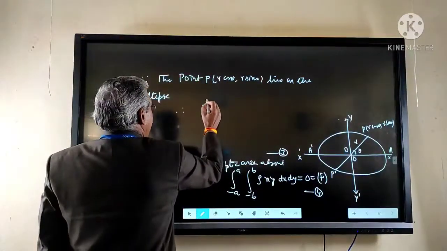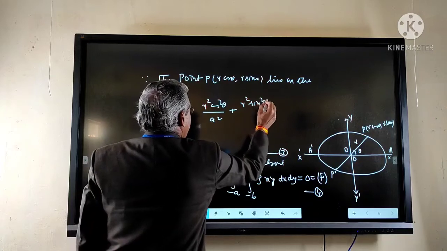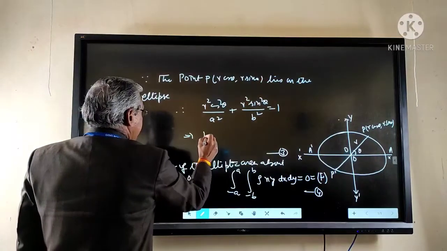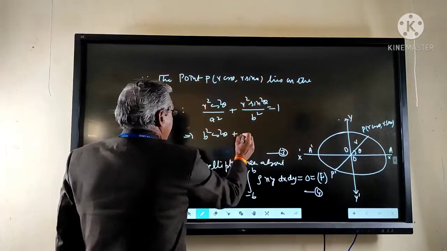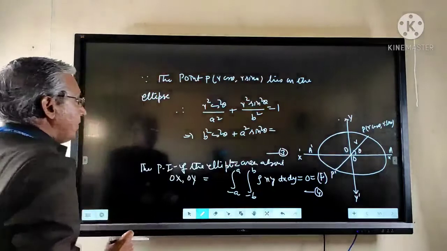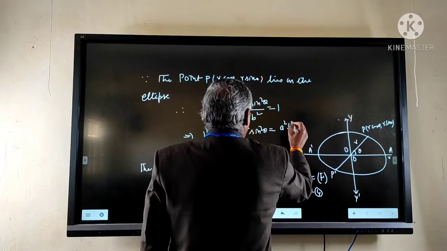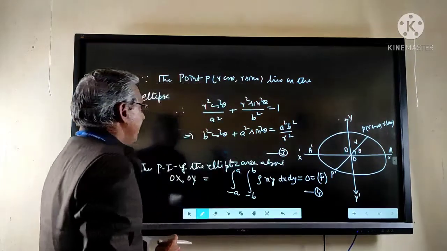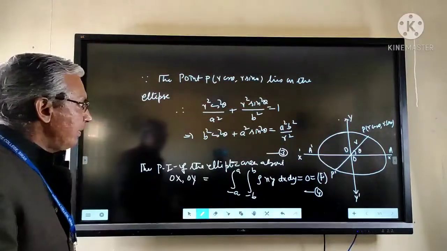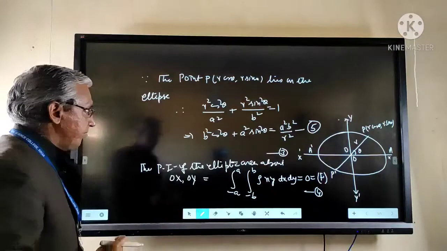Therefore r square cos square theta upon a square plus r square sin square theta upon b square equals 1. This can be written as b square cos square theta plus a square sin square theta equals a square b square upon r square. Suppose this equation is number 5.